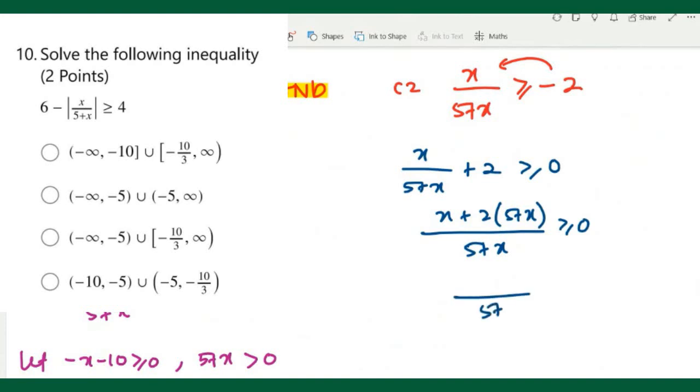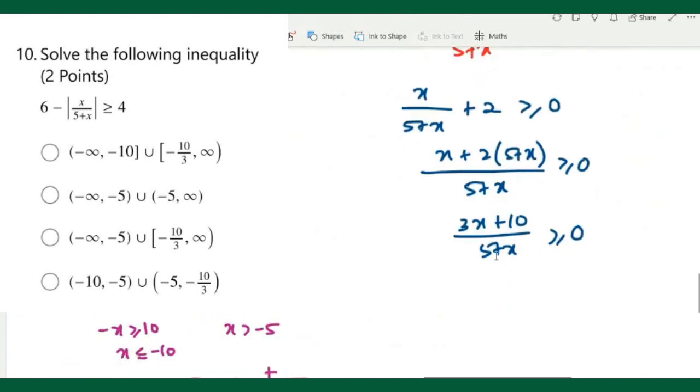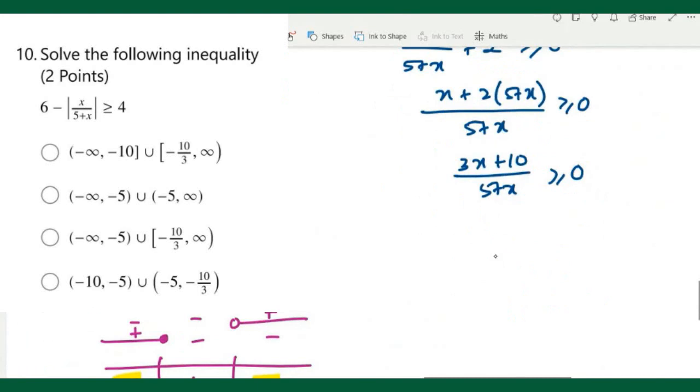Okay, kita dapat 2x plus 10, 3x plus 10, sebab times 2 kan? 2 times x, then plus with x. So kat sini pun, selesaikan lah. 3x plus 10 more than or equals to 0, 5 plus x more than 0. So kita dapat x more than or equals to negative 10 over 3, x more than negative 5.